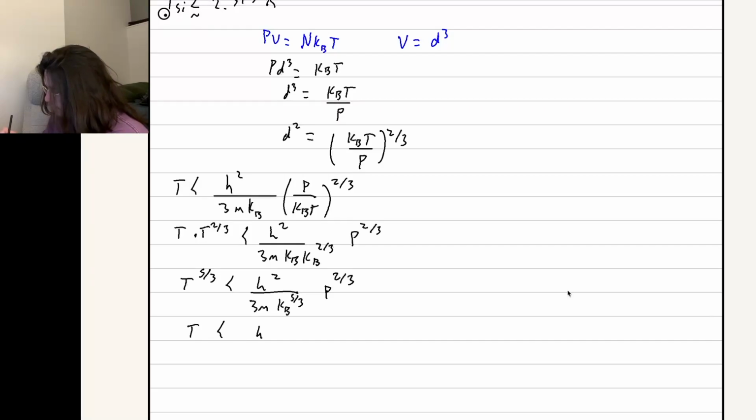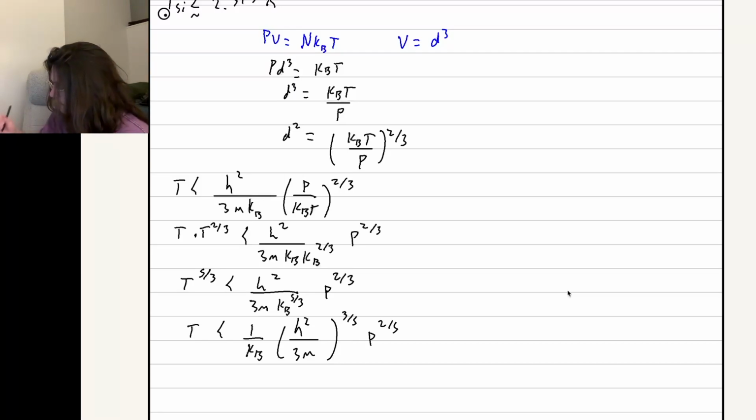So you'll have T on the left-hand side. You'll have just 1 over k_B there. You'll have h squared over 3m that we're going to be raising to the power of 3/5, and then 2/3 of the 3/5 is 2/5. So you have pressure to the 2/5.